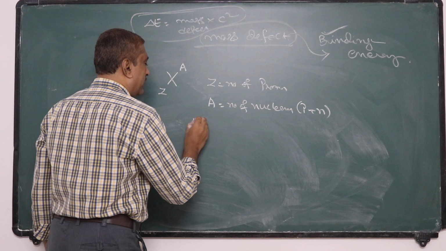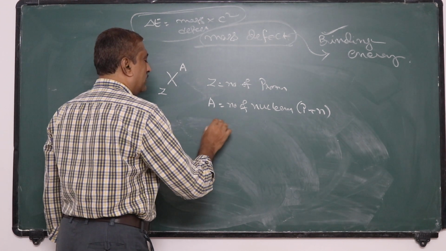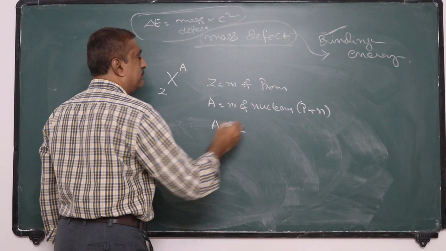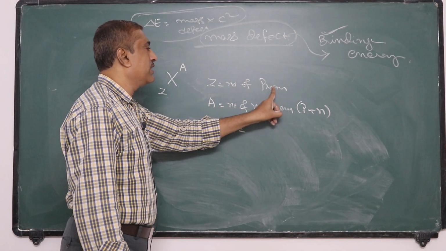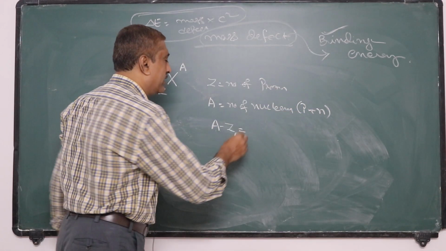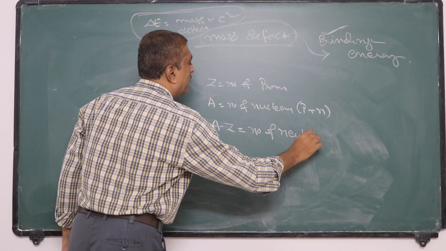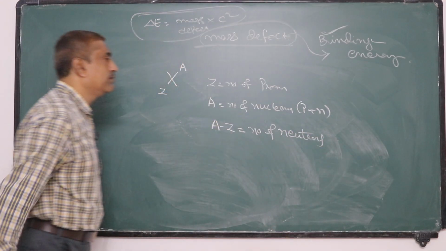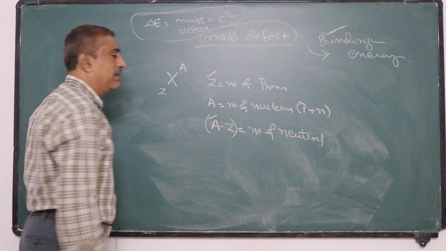So we can write the number of neutrons: A minus Z, since A is the sum of protons and neutrons, and if we subtract the number of protons we get the number of neutrons. So Z is the number of protons, A minus Z is the number of neutrons.